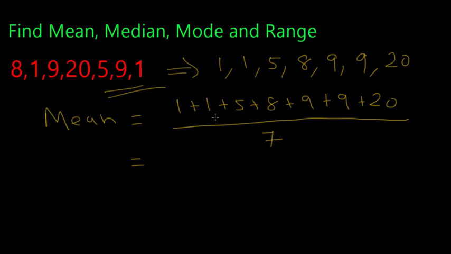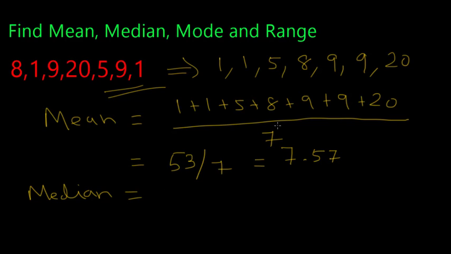So in this case 2, 7, 15, 24, 33, 53 divided by 7, which is equal to 7.57 approximately.